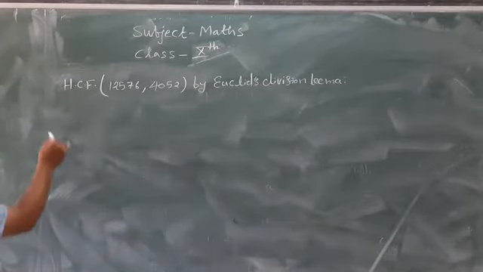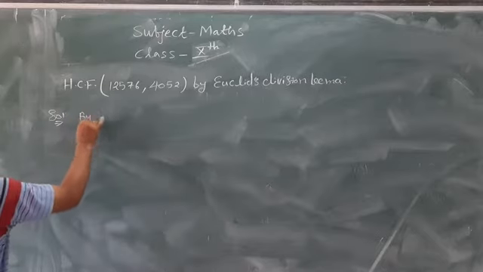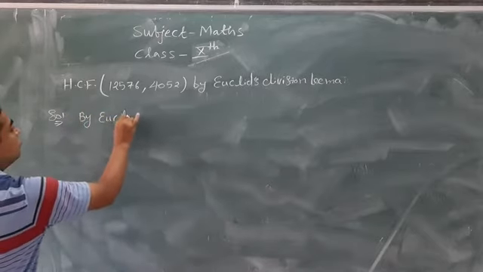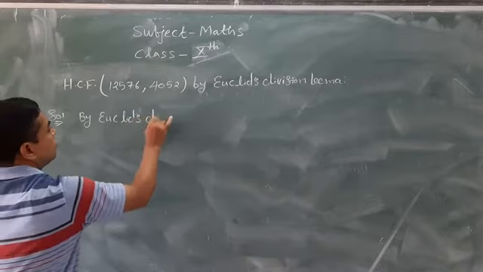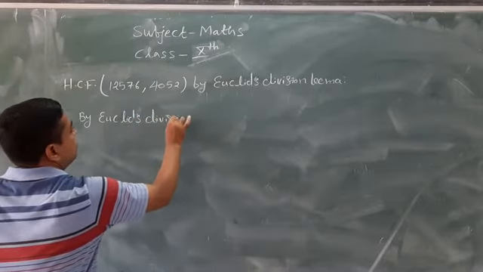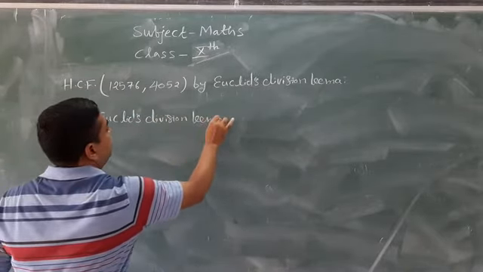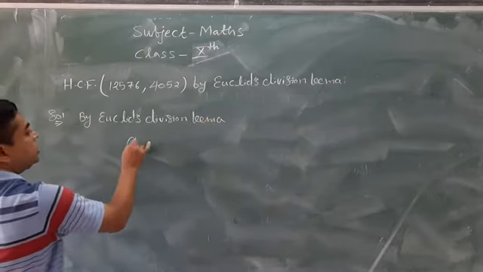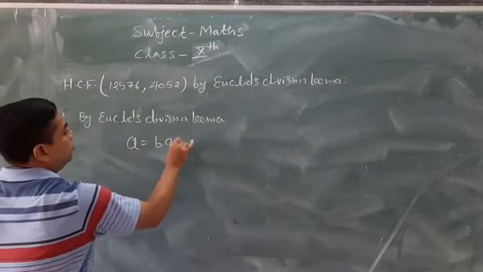So again we will start. What is Euclid's division lemma? By Euclid's division lemma, the statement is A is equal to BQ plus R.